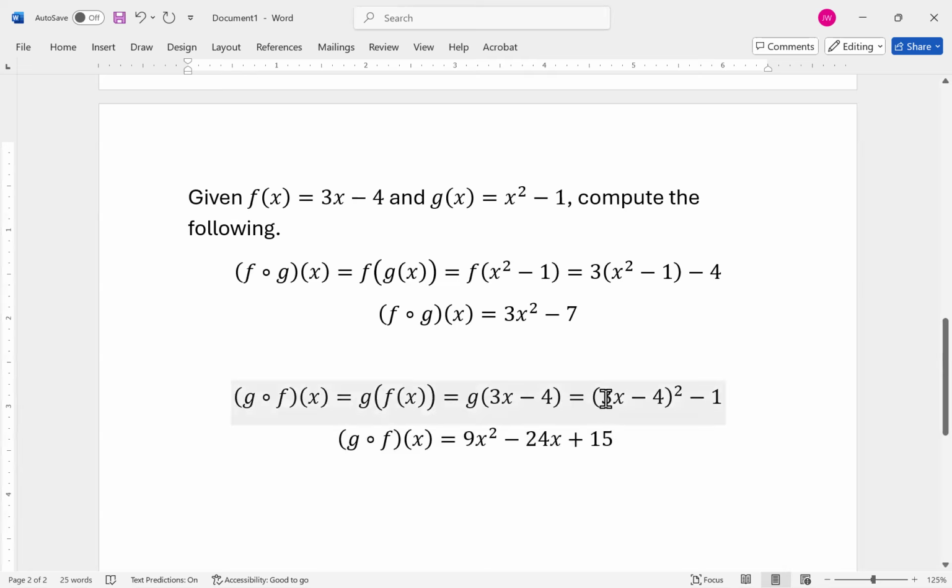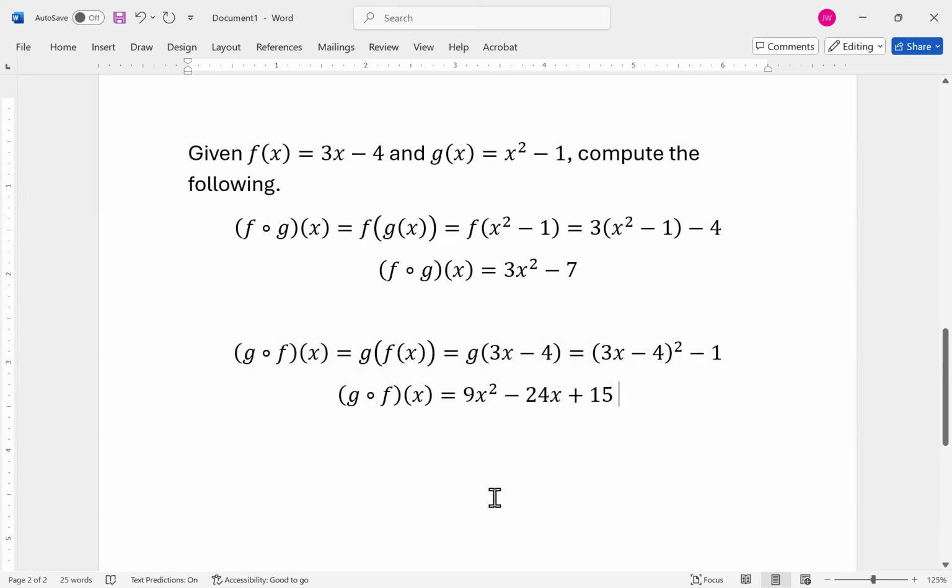You can leave it as 3x minus 4 in parentheses, quantity squared, minus 1 if you'd like. So that's the idea of function composition. We replace the input of f with the expression g of x. Or if you do it in the reverse, we replace the input of g with the expression f of x.